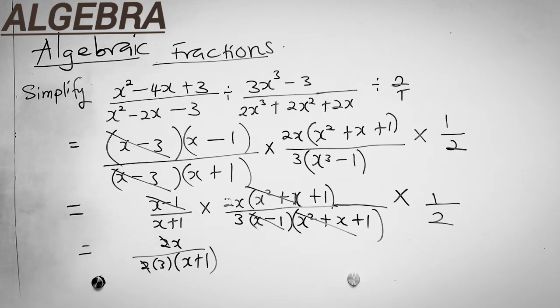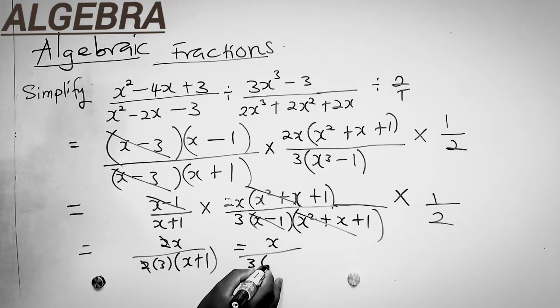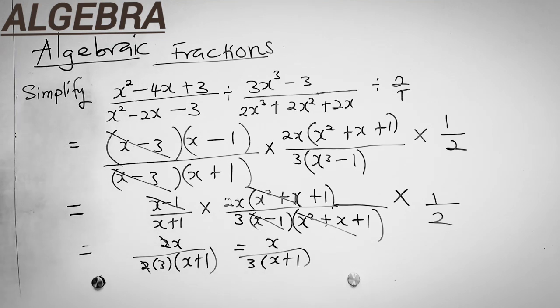So 2 and 2 cancels. Then my final answer is equal to x over 3 times x plus 1. That's the answer.